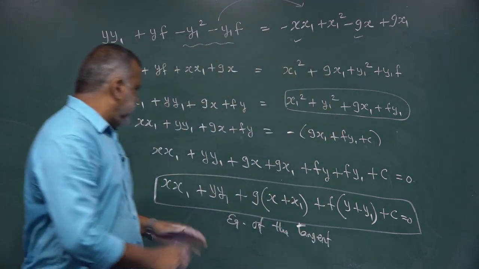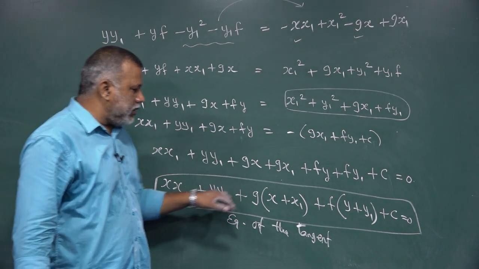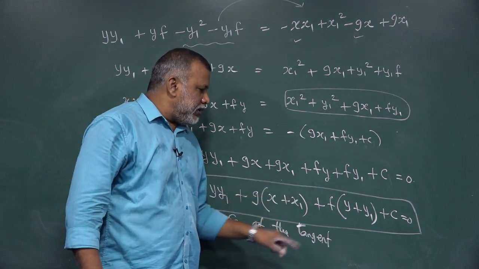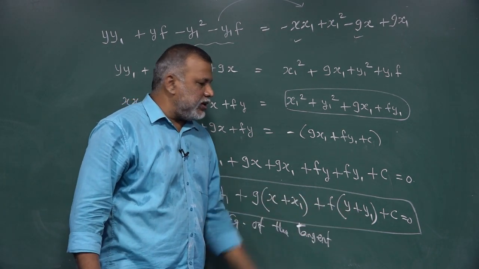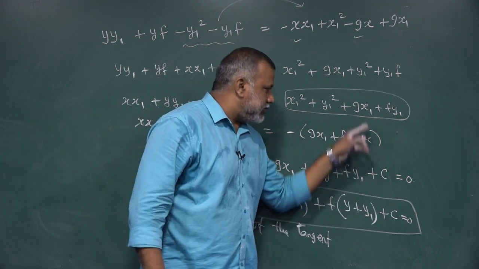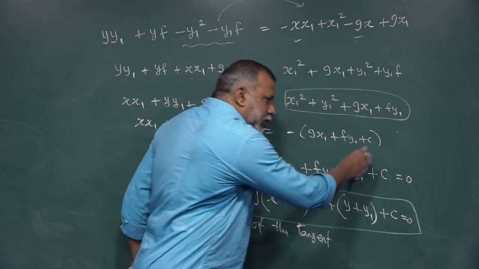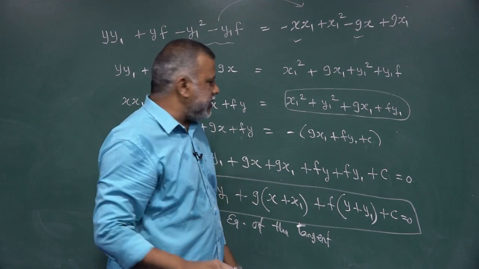Listen once again: xx1 plus yy1 plus g of x plus x1 plus f of y plus y1 plus c equal to 0. Initially I used c1 here, that is a mistake.